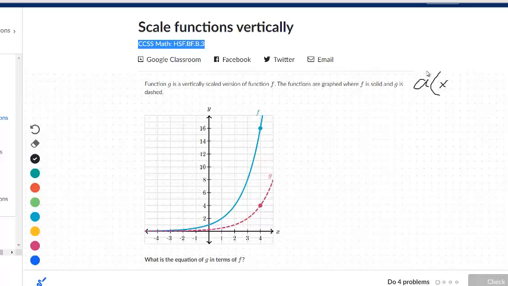Because everything that's happening outside of parentheses is what's happening up and down. So we might have an x going on in here, and inside those parentheses, we might also have some subtraction or multiplication. So we might see something that looks like this, that might have a multiplier inside.